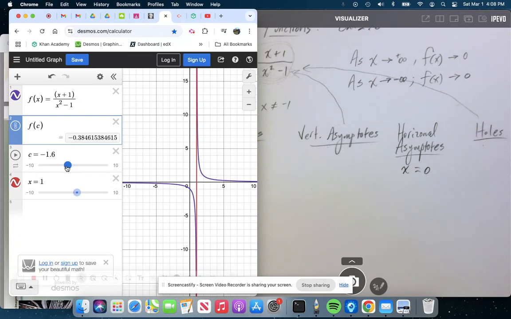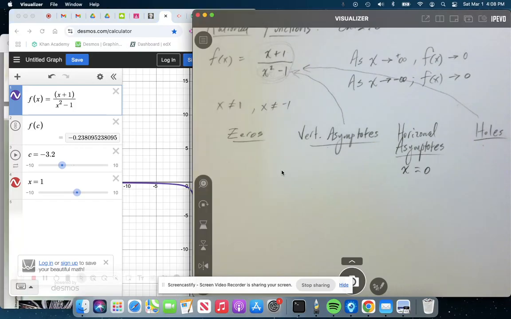What happens at -1? There it is. Did you see it? Undefined. That's at -1 right here. We have a hole, not an asymptote.